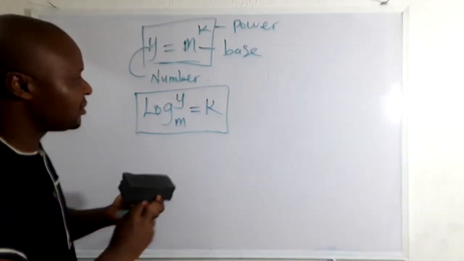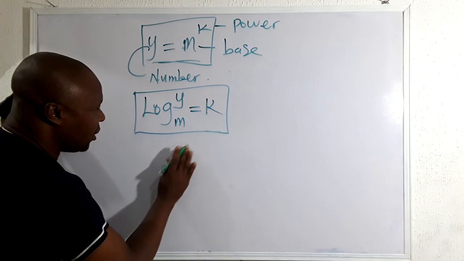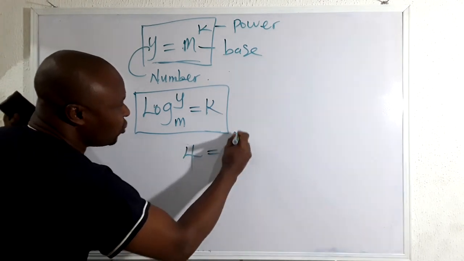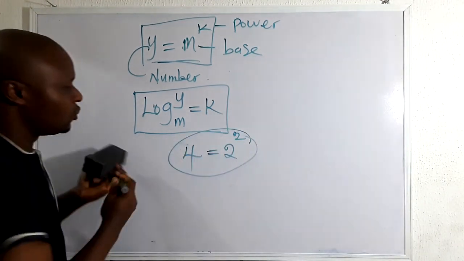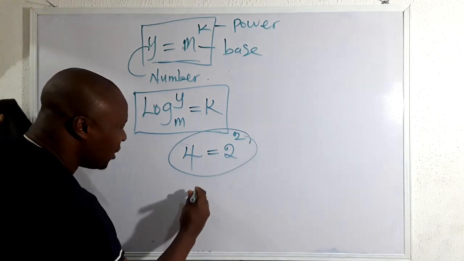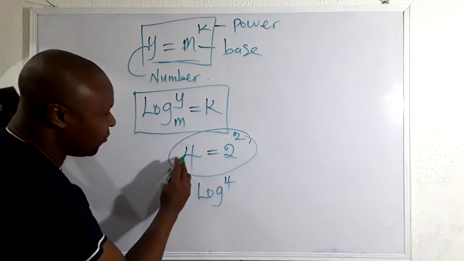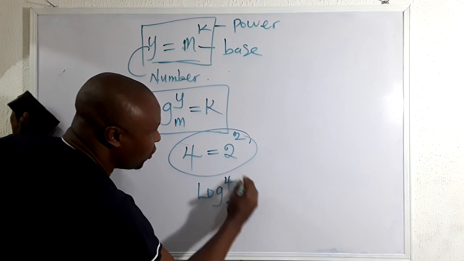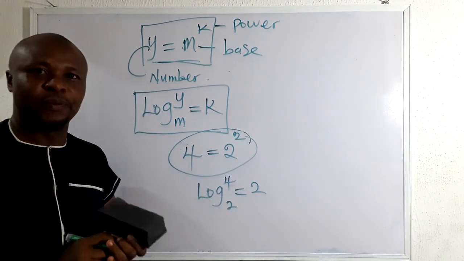So if, for instance, I write that 4 is equal to 2 raised to power 2, you can translate this to logarithm form and write it as: the number is 4, the base is 2, and this must be equal to the power 2 for it to be true.